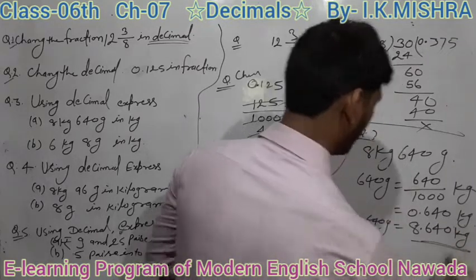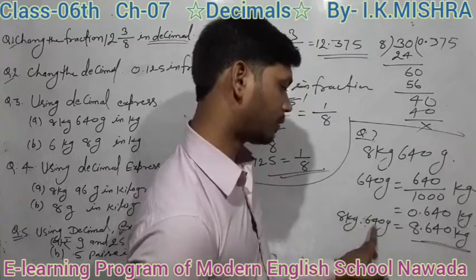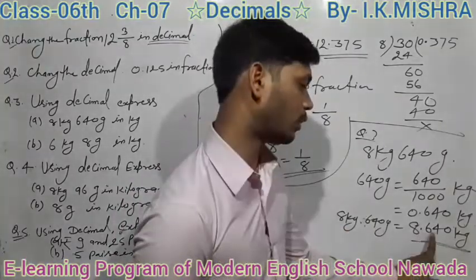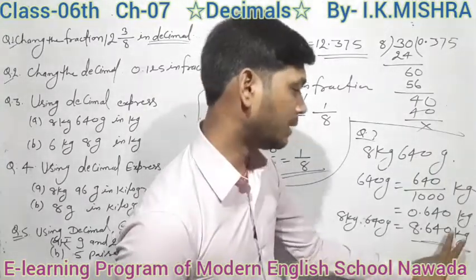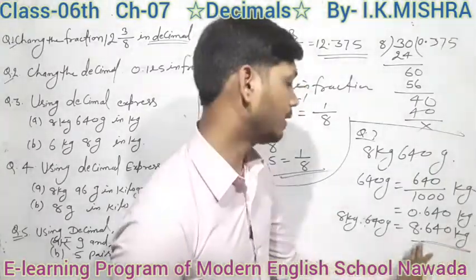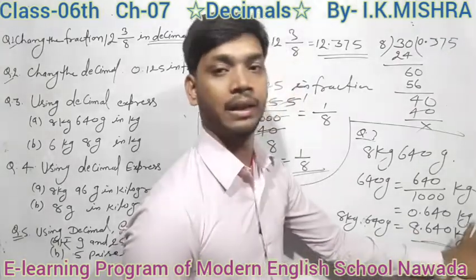So students, 8 kg 640 gram is equal to 8.640 kg. Students, you can remove the 0 and you can write 8.64 kg.